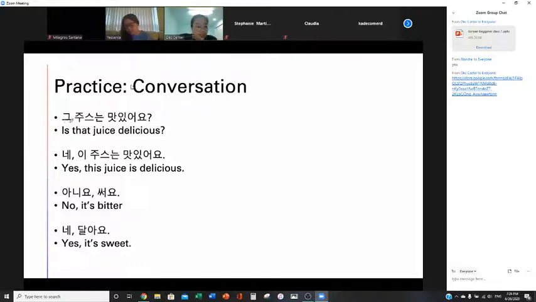Right here, 그 주스는 맛있어요. Is that juice delicious? Right here, that is 그. We learned that there is 그, 저, and then the noun. So 그 plus the noun, that juice, and then the particle 는, and 맛있어요, is delicious. 네, yes, 이 주스는 맛있어요. 그 주스는 맛있어요.